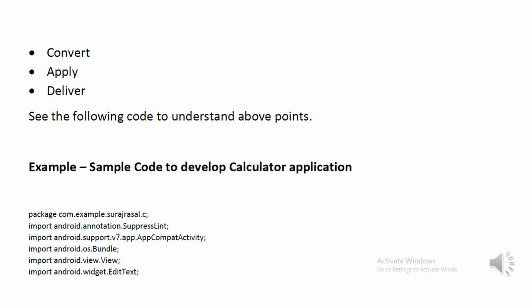So those are key principles of programming. Now the same key principles you can remember while developing an Android application also. So for more understanding of this theory part, let's consider a very simple example, like how to develop a calculator application.